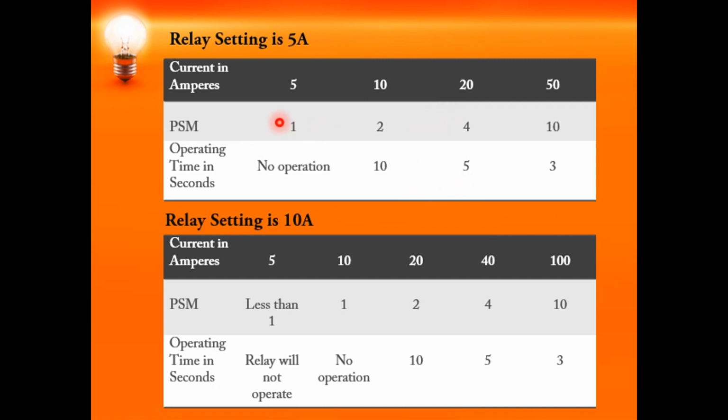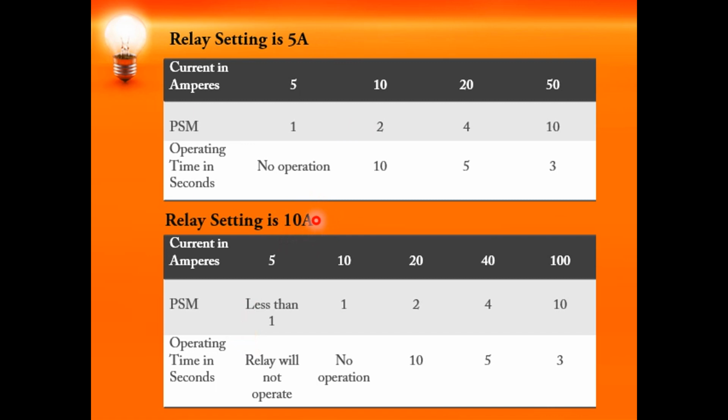So you can see as the magnitude of the fault current is increasing, the operating time is reduced. So it will operate at a much faster rate. So this 10, 20 and 50 are nothing but the fault currents, because we have set the relay to operate above 5 amps.